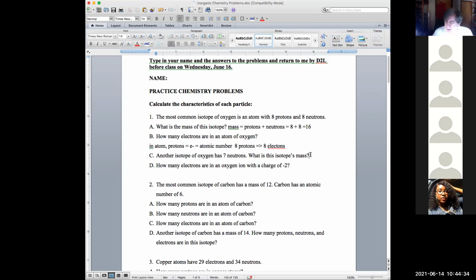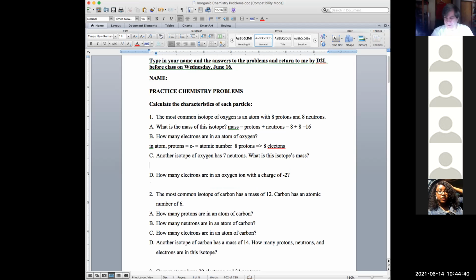Another isotope of oxygen has 7 neutrons. What is this isotope's mass? So remember what we said up above. Mass is equal to protons plus neutrons. Okay, so we have 8 protons. How do we know it's 8? Well, remember something we talked about when we were discussing the subatomic particles.